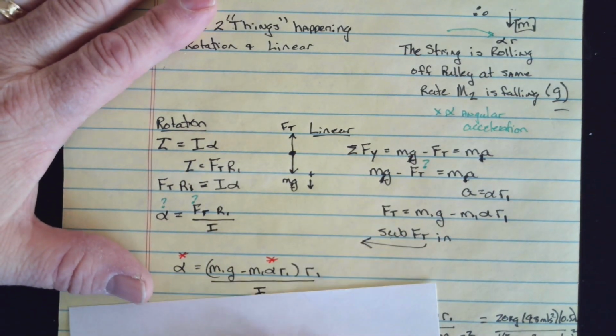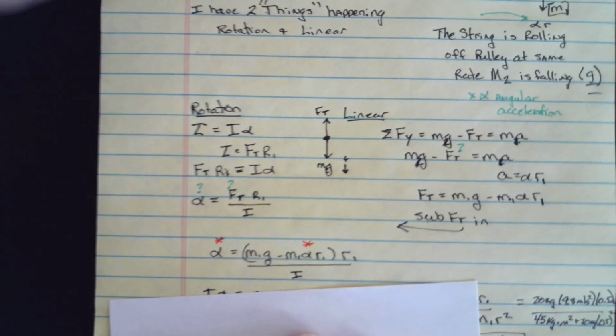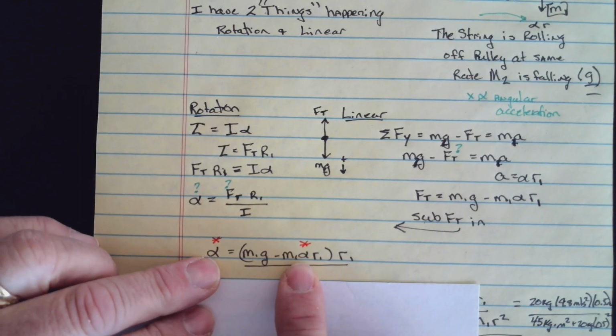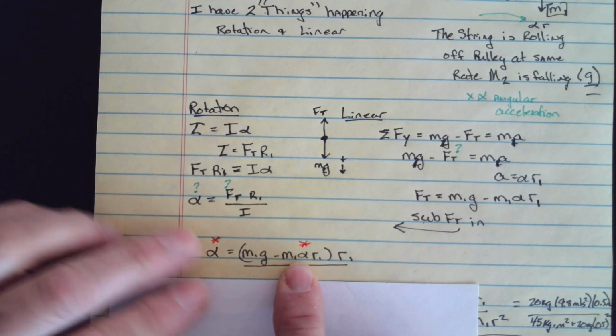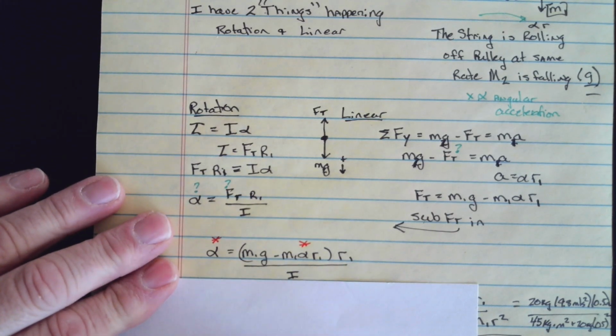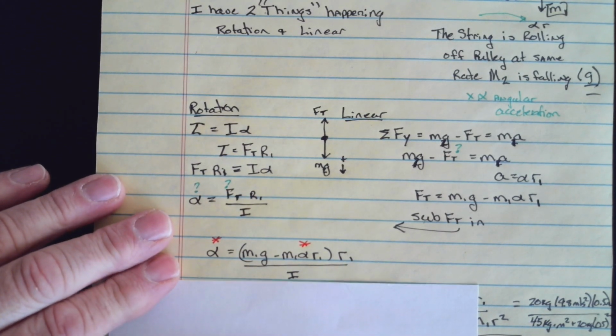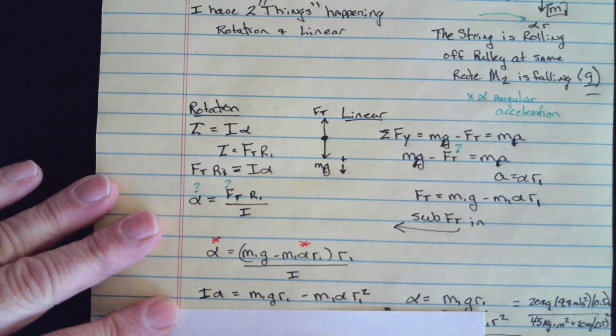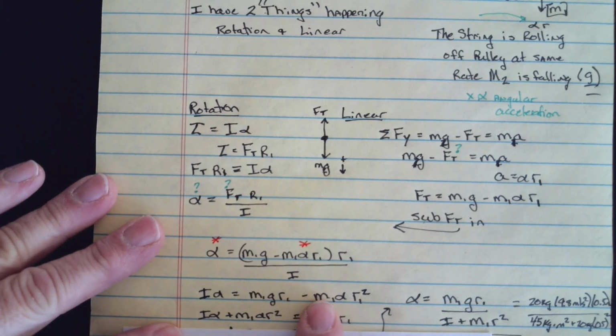So I substituted that in, and I get all of this. Here's really the biggest problem: I have this angular acceleration in two spots, so I just have to grind through my algebra. I brought this to the other side. I took the radius times the things on the inside, so I get a radius squared there. I'm going to bring this over to this side now, getting my angular accelerations on the same side, so we went from negative to positive on that side.